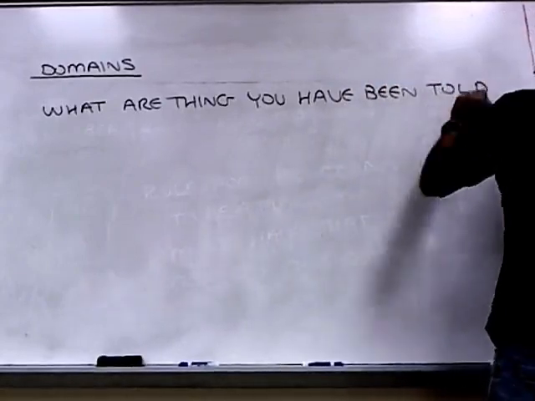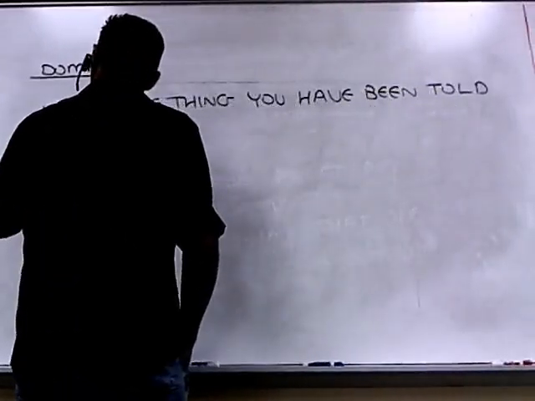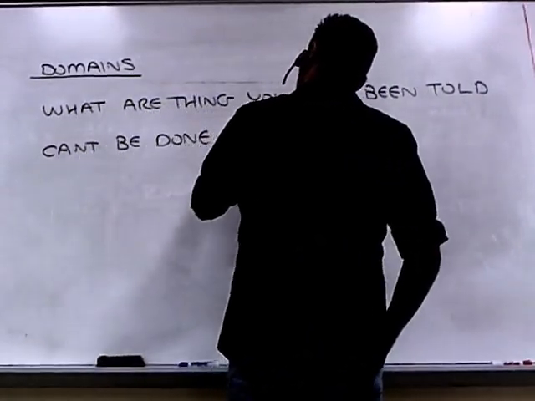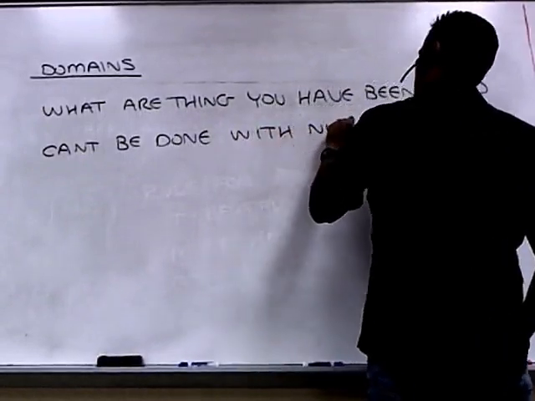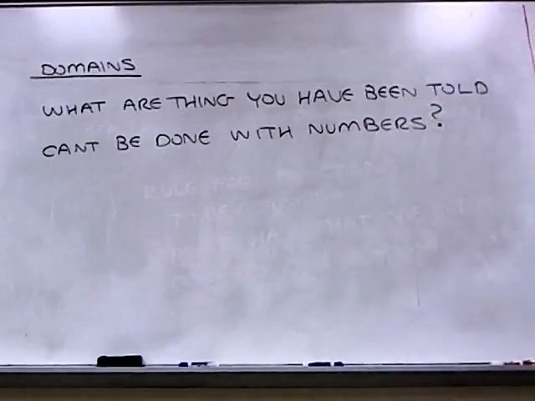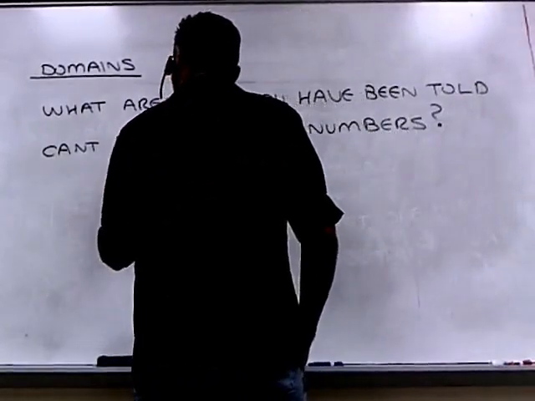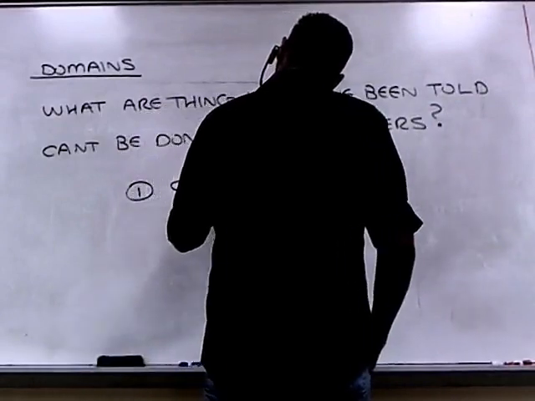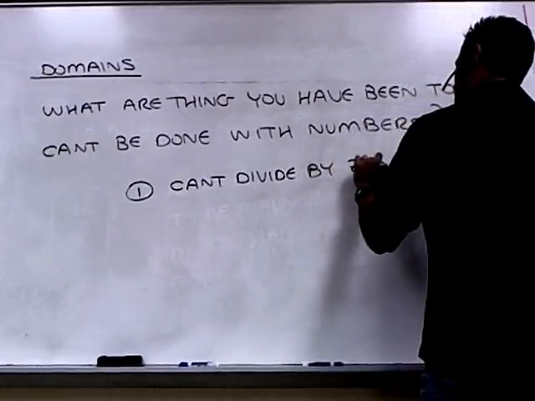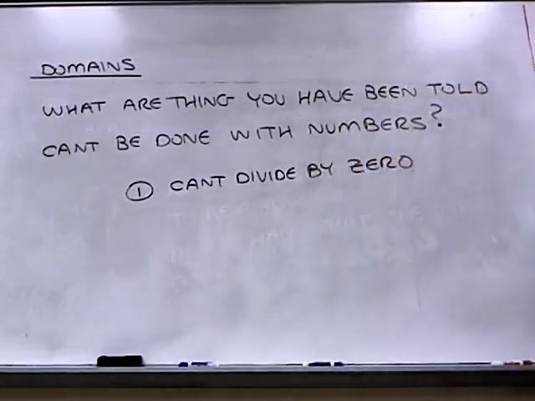What are some things that you've been told that you can never do with numbers? Can't divide by 0. That's one of them. Can't divide by 0. And we can talk a little bit more about why you can't do that in a second, but that's one of them. Anything else?